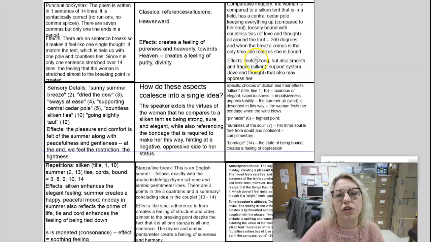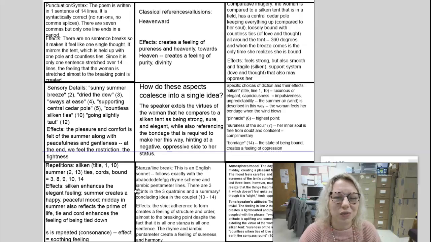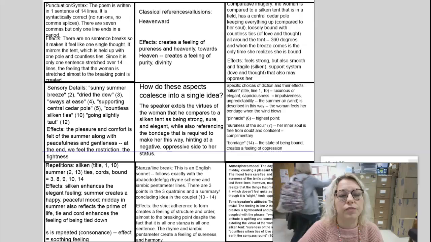Each box has the word effects in it, doesn't it? And that is crucial to our work, because we have to interpret, evaluate, and analyze. And evaluate is really looking at the effects of each individual choice.